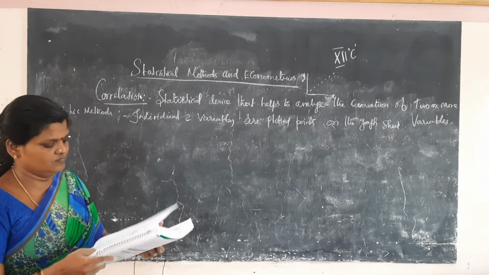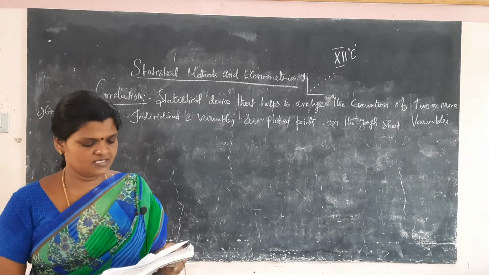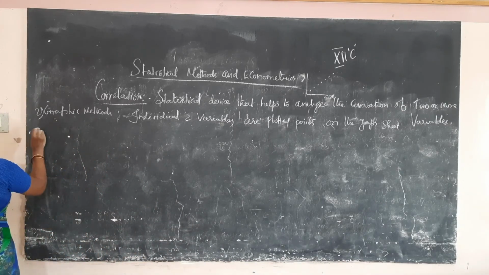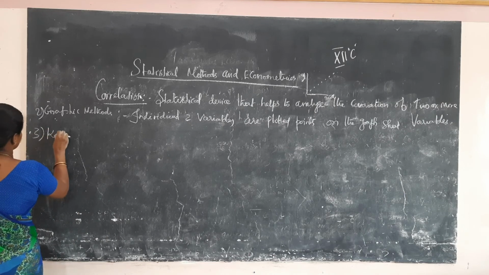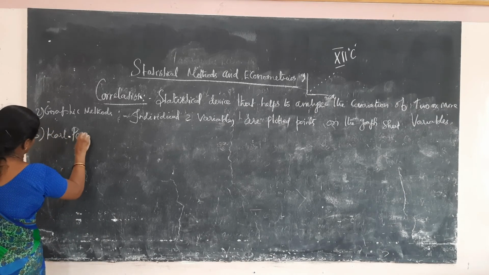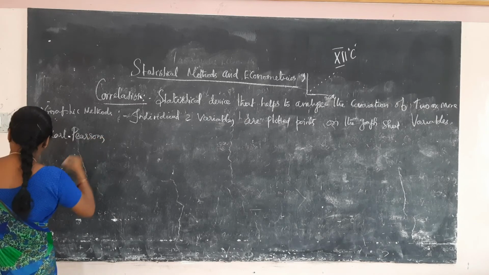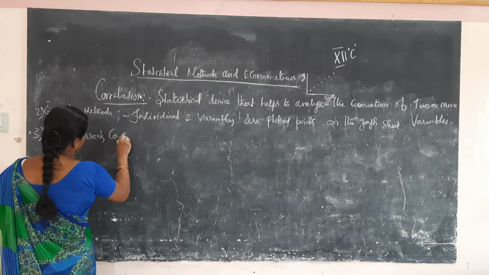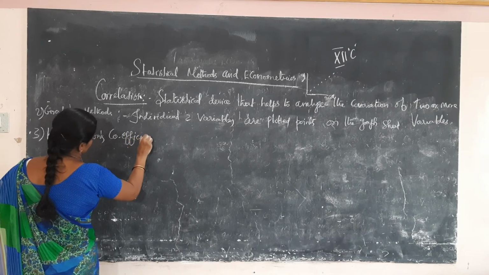Next method is called Pearson's coefficient of correlation.